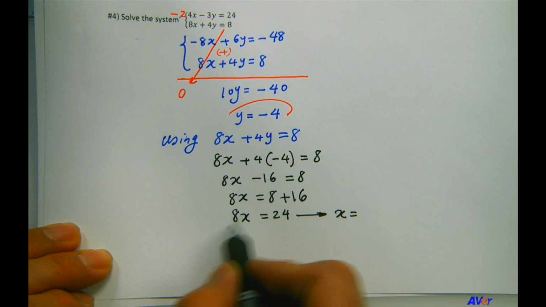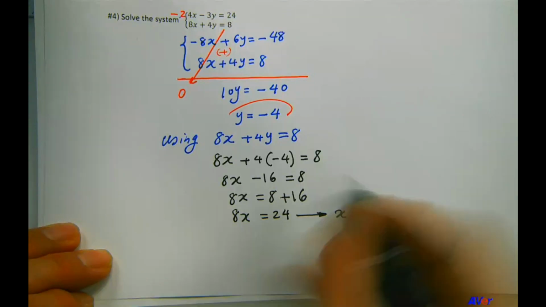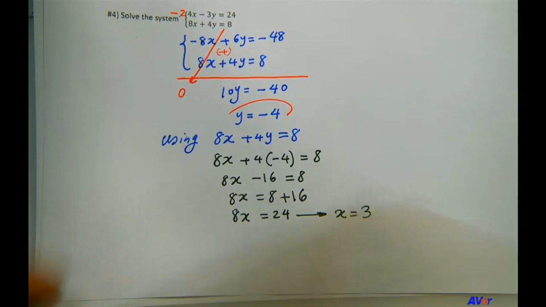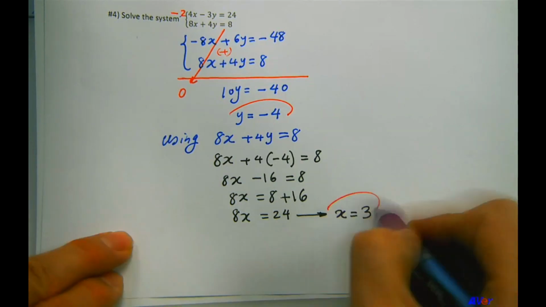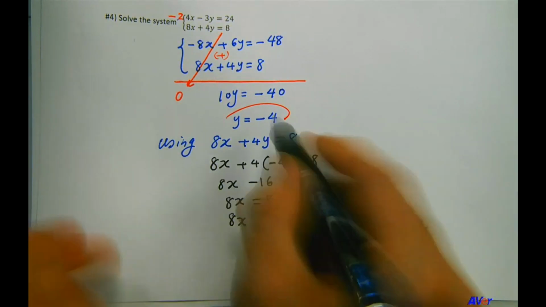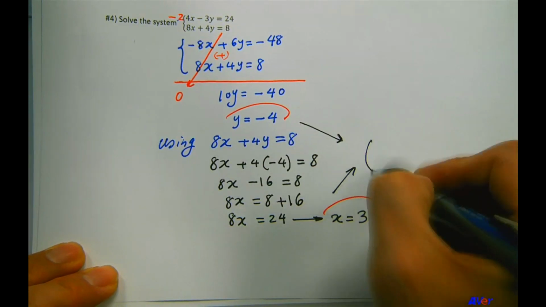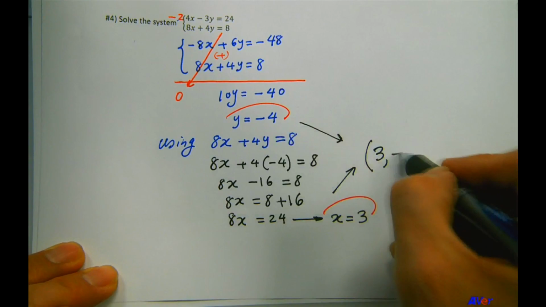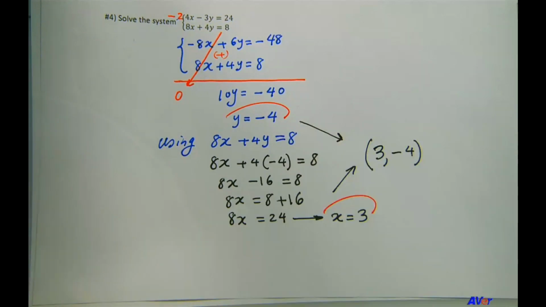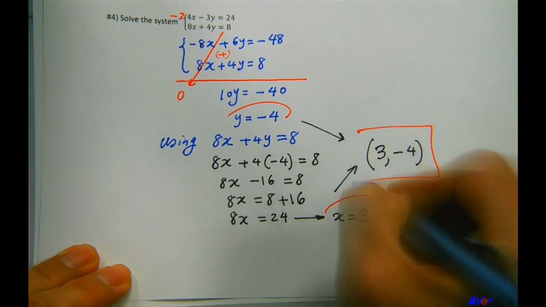We need to get rid of the 8, which is preventing us from isolating x at this point. So divide both sides by 8, we get 3. x equals 3. So we have x equals 3 and y equals negative 4. Let's put them together. We have 3 comma negative 4 as the solution of this system.